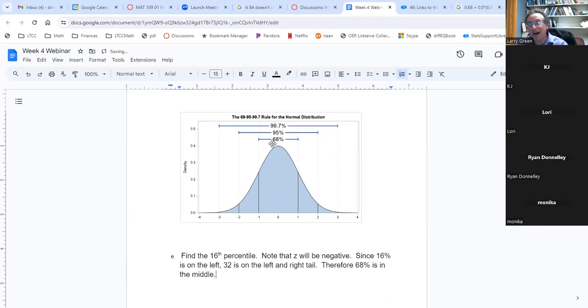And now you smile because you say, aha, 68% is one of our numbers. Is that clear? That it's 68%? Okay, 68% is between -1 and 1. z must be negative, so what's our answer? -1. Any questions on how that works?